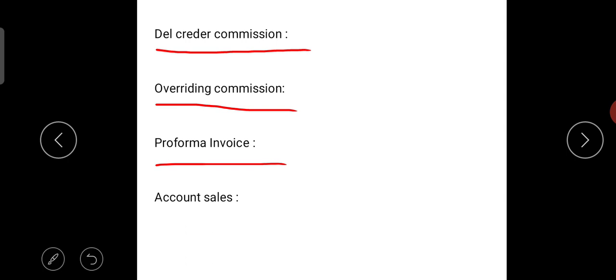The pro forma invoice helps the consignee to sell the goods. That means the consignee comes to know at what price the goods have to be sold which are sent by the consignor. So pro forma invoice helps the consignee to make sales.